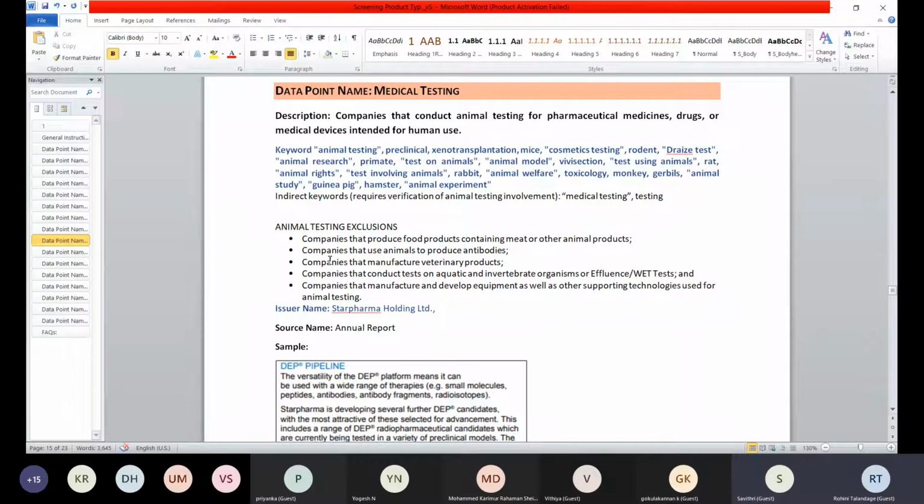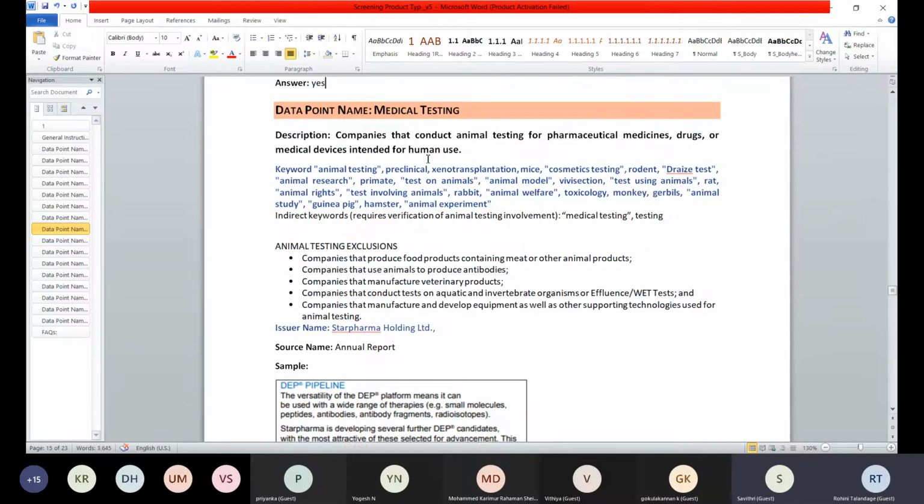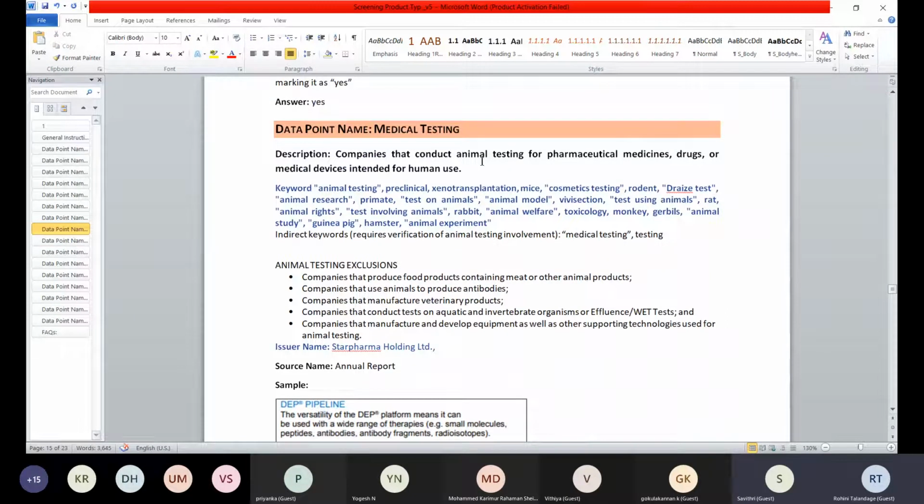And one more, there are so many exclusions, like companies that use animals to produce antibodies, so this is also an exception. These are some exceptions, in which case we have to mark it as no. It should be specifically that they are doing some animal testing, then only we can mark it as yes.